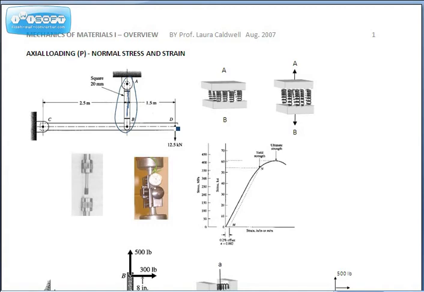As the force is applied to the structure, each cross-section in this member responds by stretching and becoming thinner.